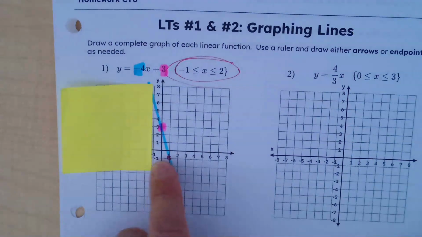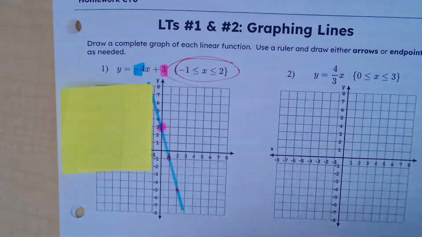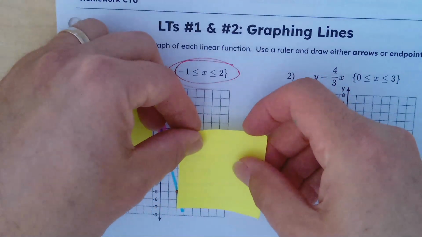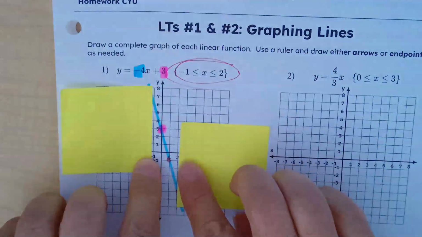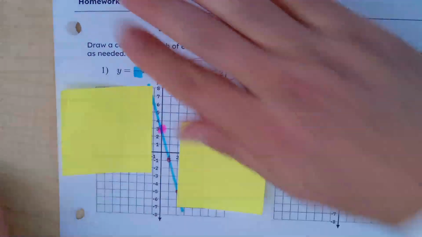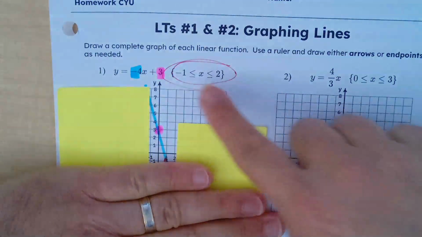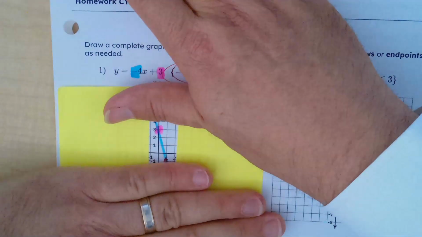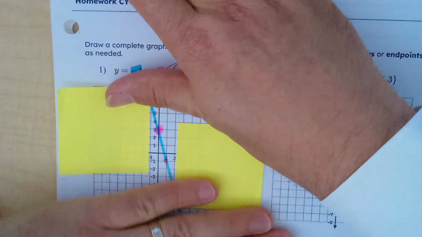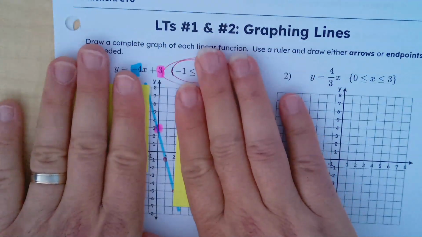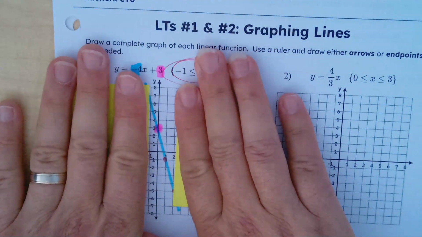So we're looking at the values on the x-axis. So here's 2. We're only looking at the x-axis, and this constraint says we're between -1 and 2, so it's only between here and here.